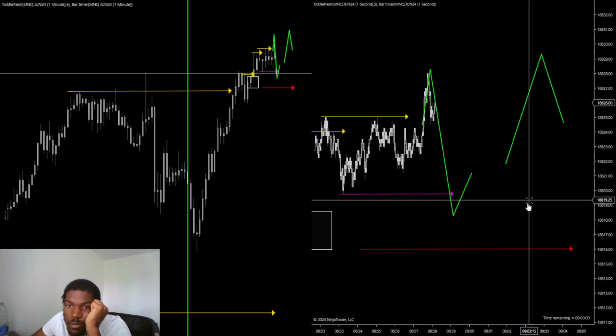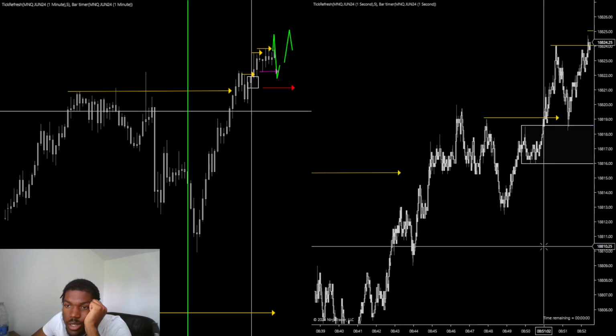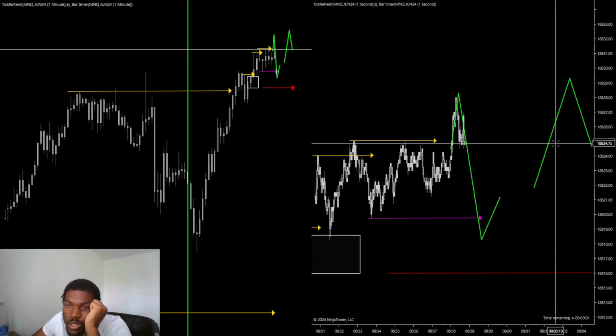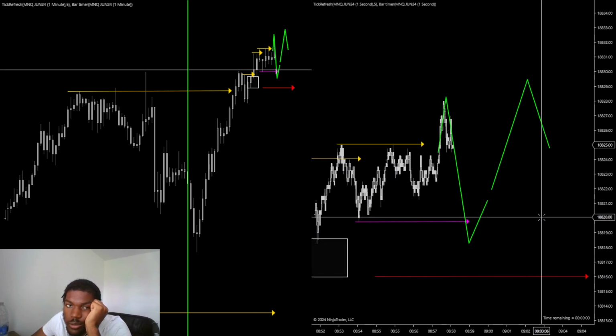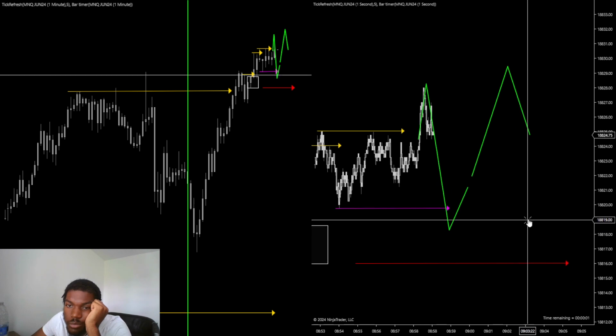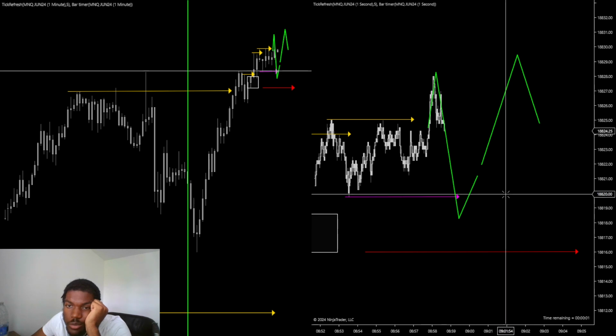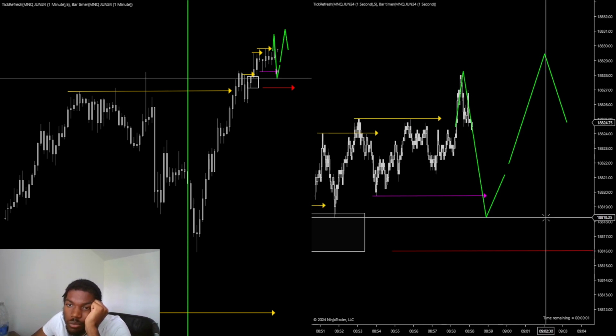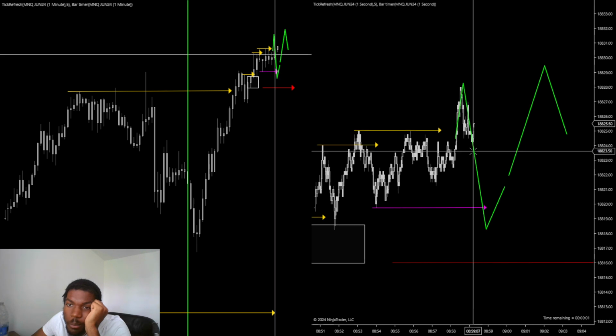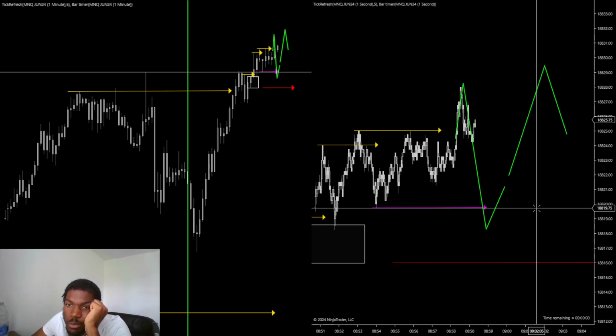Of course it doesn't, because the current cycle is higher highs and higher lows. This is just me purely speculating, so you don't have to do this, but doing this will teach you how to anticipate.